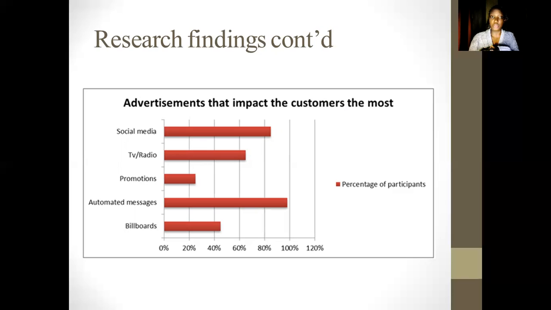It is not 100%, and the reason why it is not 100% is because customers answered that they still use traditional marketing using billboards, as you can see on the screen, and they also like to use traditional ways of accessing Airtel services. For instance, they have to go to the agent in person and buy airtime in person, and not specifically buy it from the phone. So this is why the findings do not show that it is 100%.